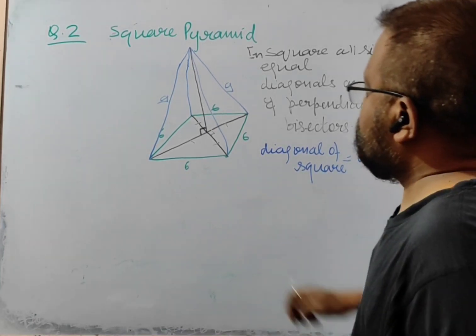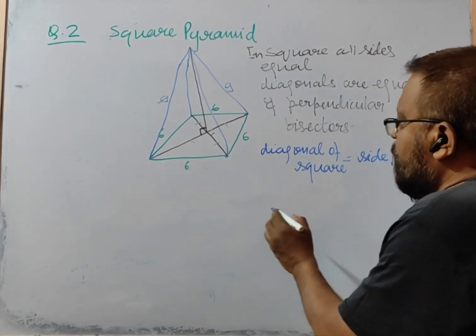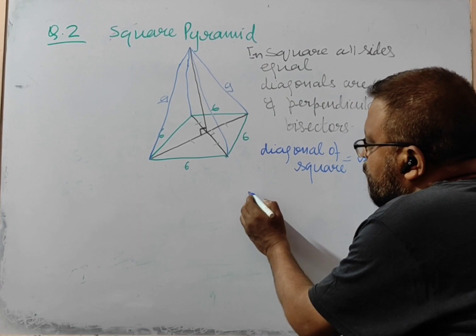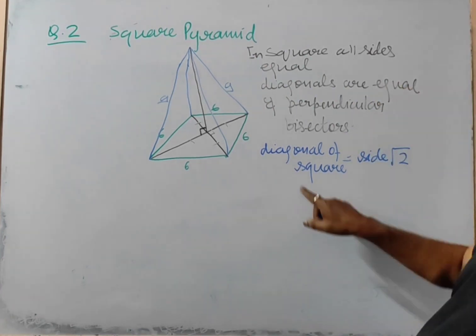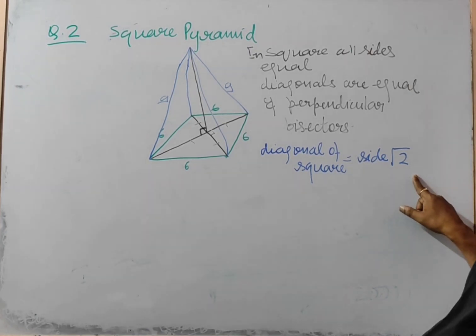right? So here in the square, I said the diagonal of a square is side root 2, right?